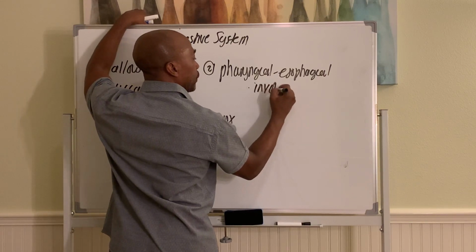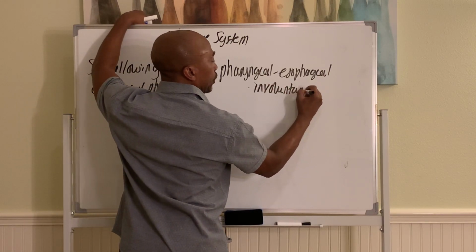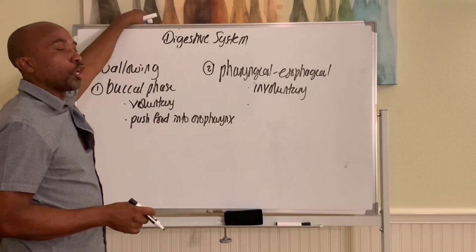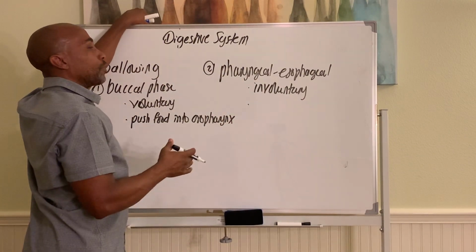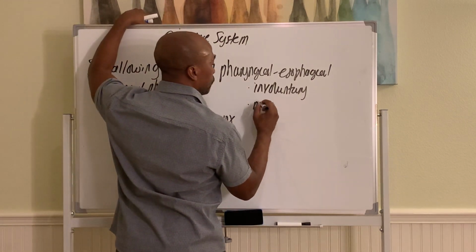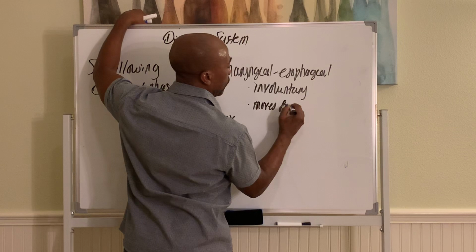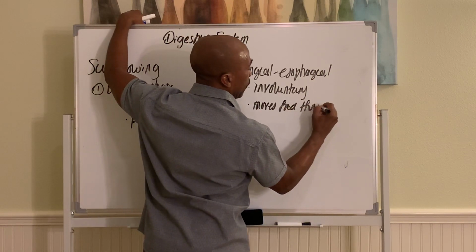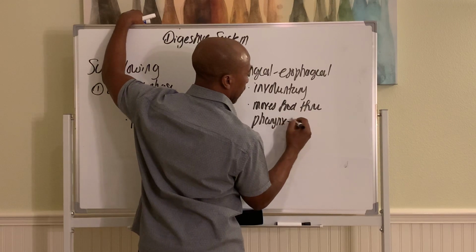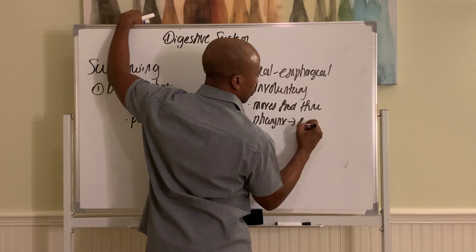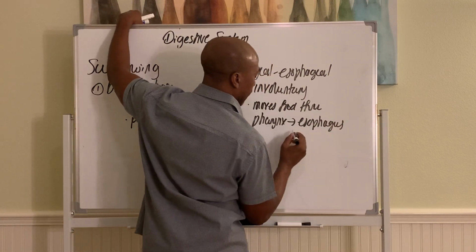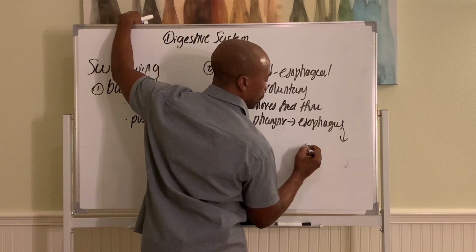So once the food enters your oropharynx, this phase will push the food from your oropharynx into the stomach. So it moves food through the pharynx, through the esophagus, and finally into the stomach.